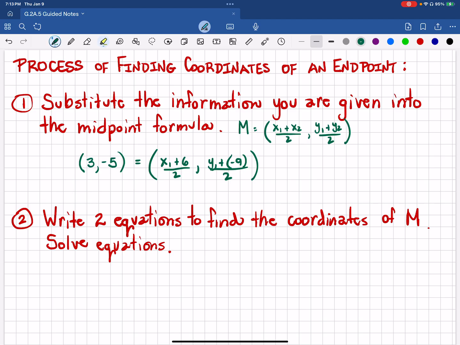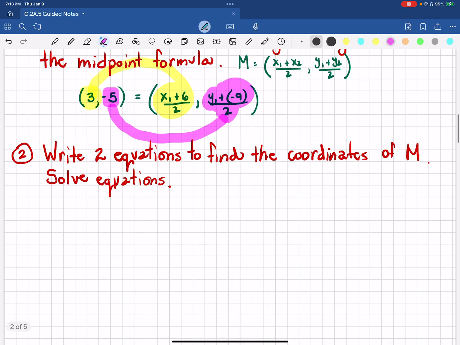Now, this 3 goes with the x1 plus 6 over 2. The -5 goes with the y1 plus -9 all over 2. And so when we break up these coordinates, we're going to break them up into two equations.